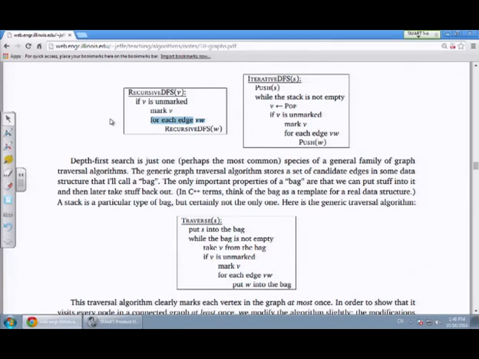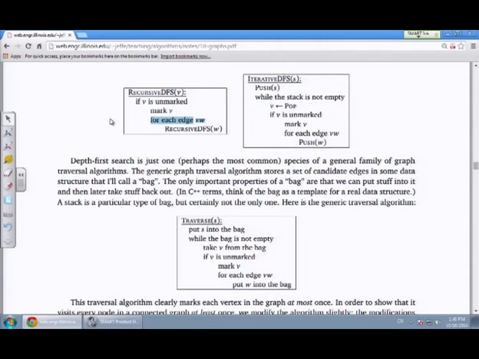And notice this might push a vertex onto the stack more than once, but on the first time that the vertex is popped off, you'll do real work. And the second time, and the third and fourth and seventh time it's popped off, you'll say, yeah, and just throw it away. Assuming the graph is connected, the number of times that you push is going to be proportional to the number of edges.